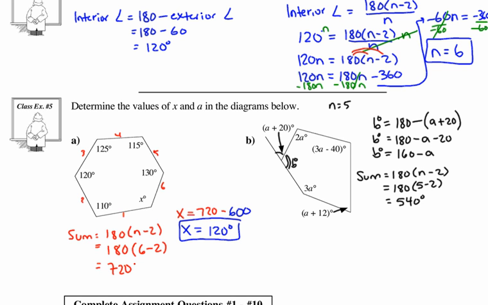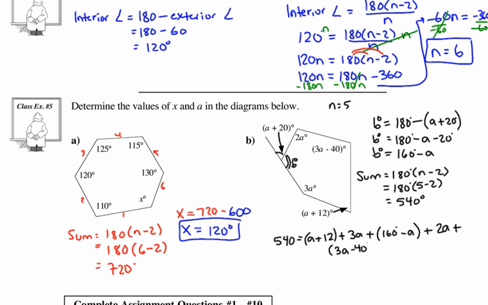Well, if we know these are all going to add to 540, let's add them together. So A plus 12 plus 3A plus our B, which was, in terms of A, 160 minus A. Add our angles in there. There you go. Plus 2A plus 3A minus 4.